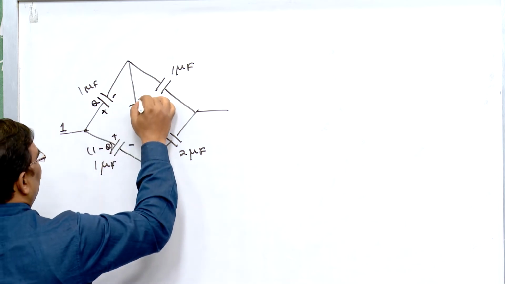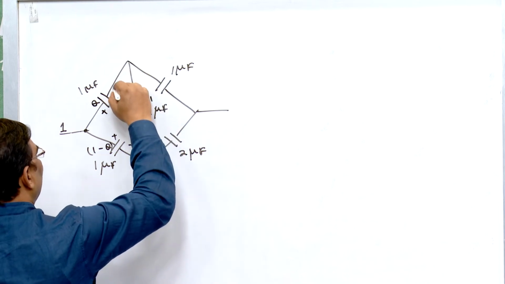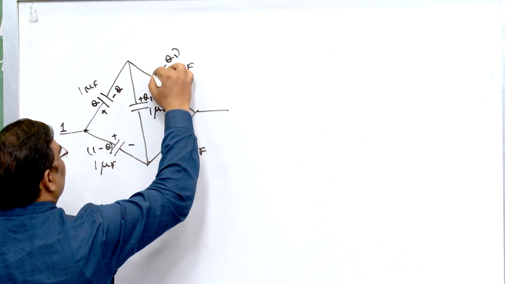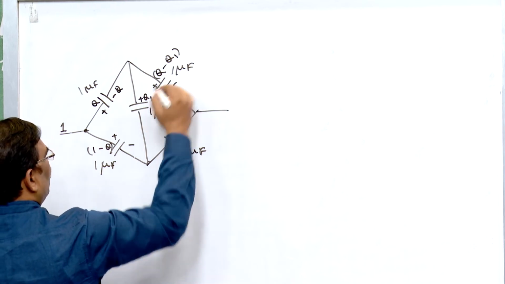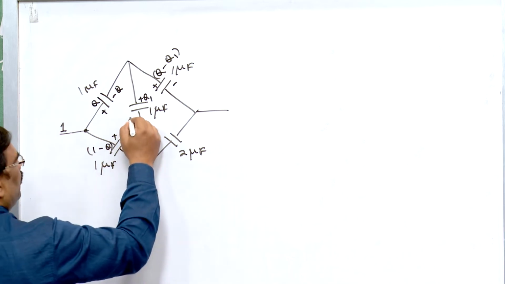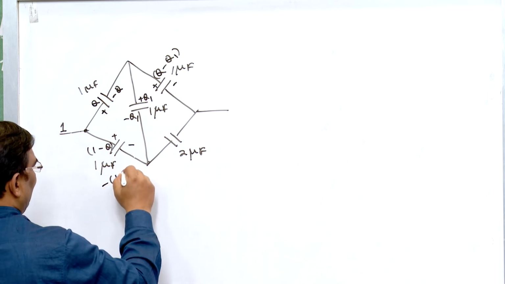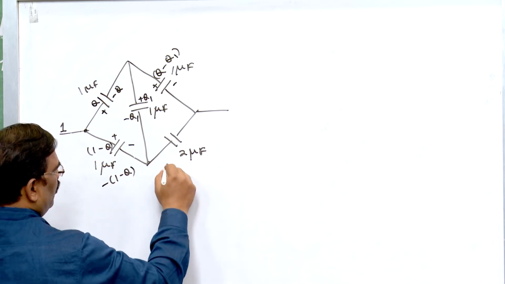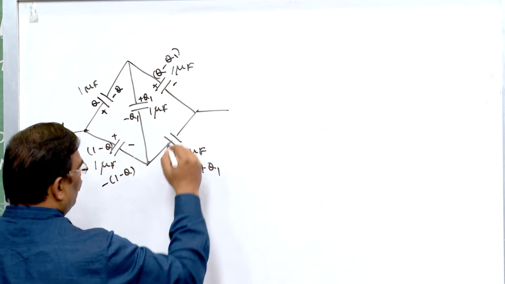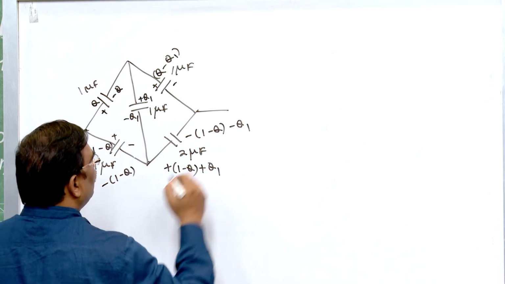Suppose this is plus Q1, so this is minus Q. So this is plus Q minus Q1 on this capacitor, and this is minus Q1. This is minus of 1 minus Q, so this is plus of 1 minus Q plus Q1, and this is minus of 1 minus Q minus Q1.